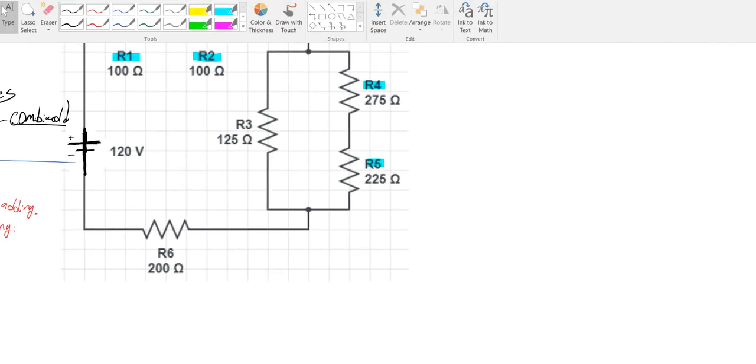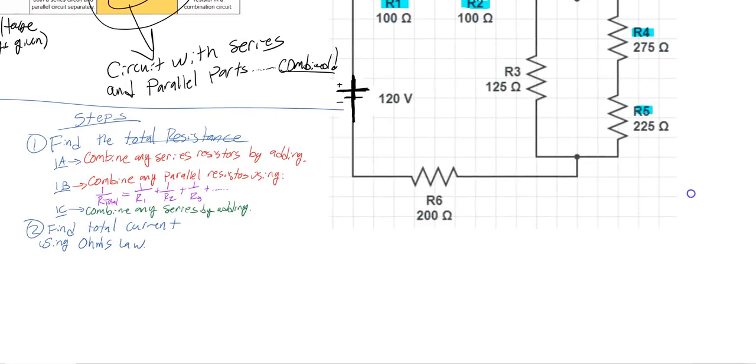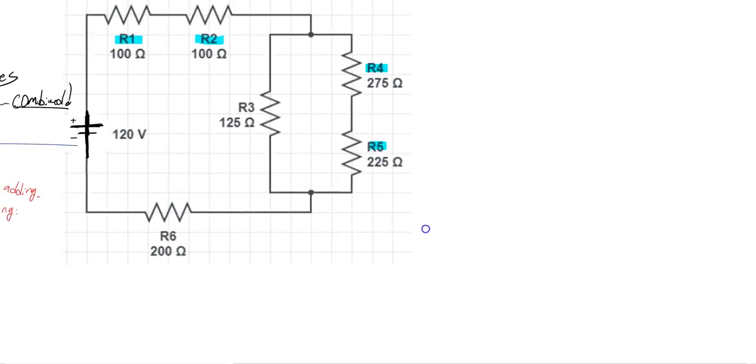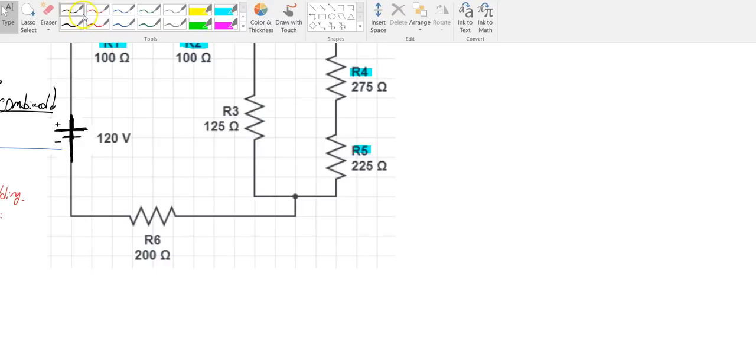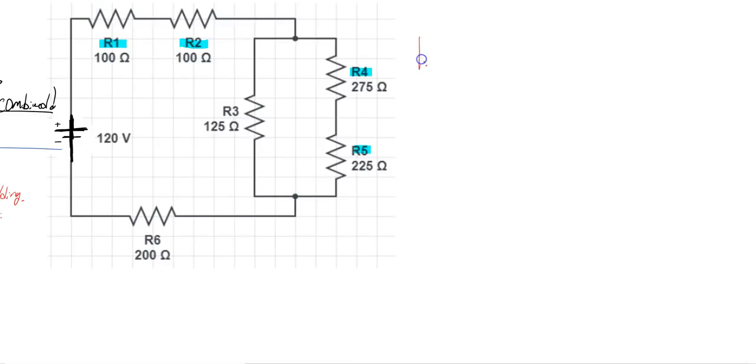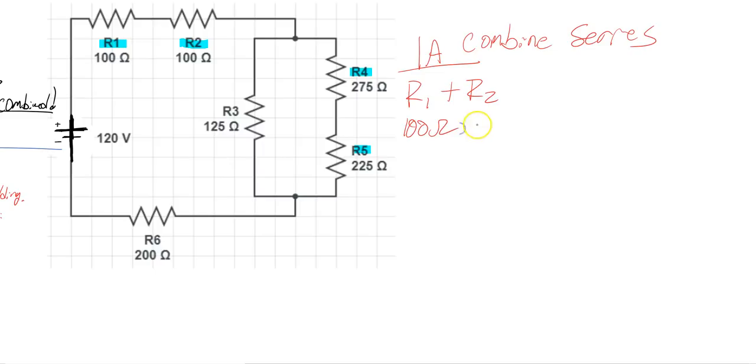If we come over here, we're going to do 1A. We're going to combine what's in series. So if we do R1 and R2, we end up doing 100 ohms plus 100 ohms.